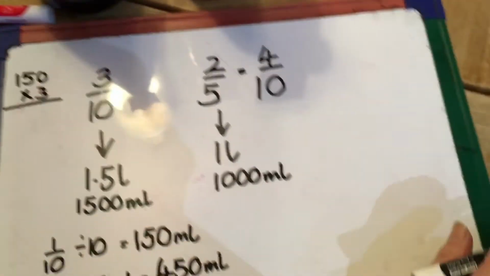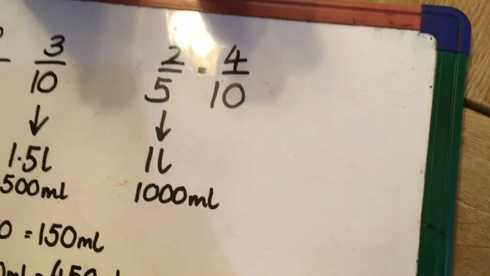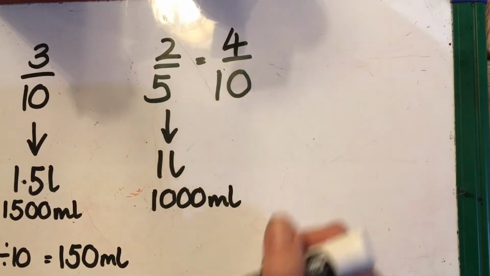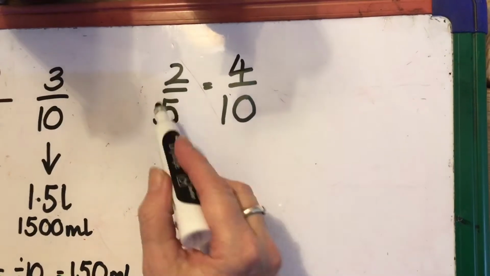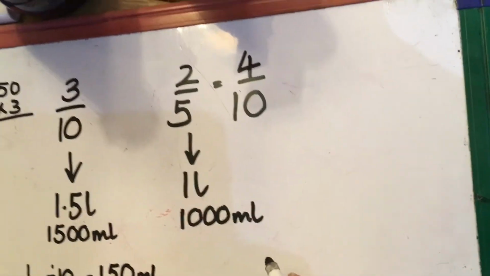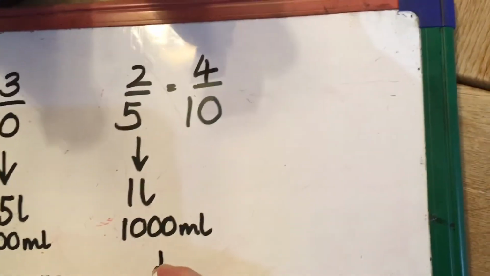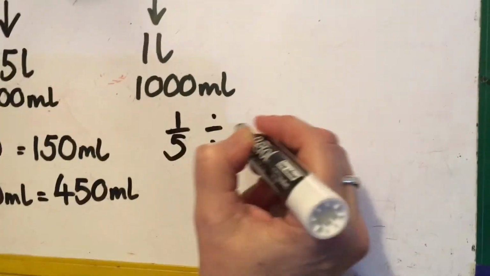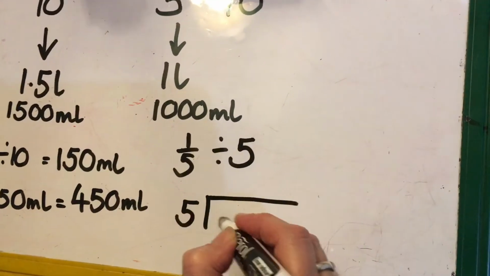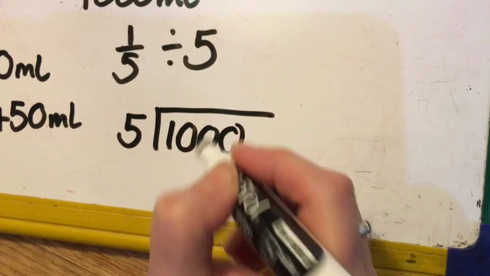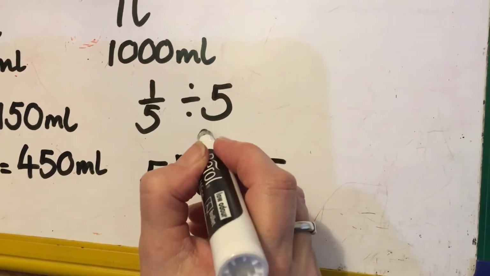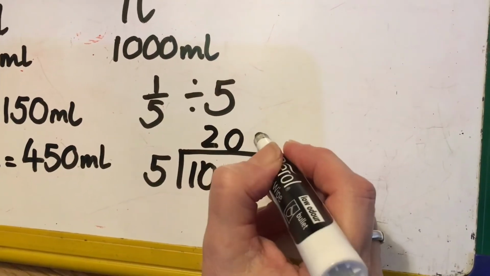This one now, I need 2/5 of 1,000, or I could do the 4/10 of 1,000. It doesn't really matter. We know they're equivalent fractions. I'll do the 2/5, I think. So first of all, I'm going to find 1/5. So I've got to divide by 5. So I'm doing 5 into 1,000. 5 into 1 doesn't go. 5 into 10 goes twice, and obviously 0, 0.